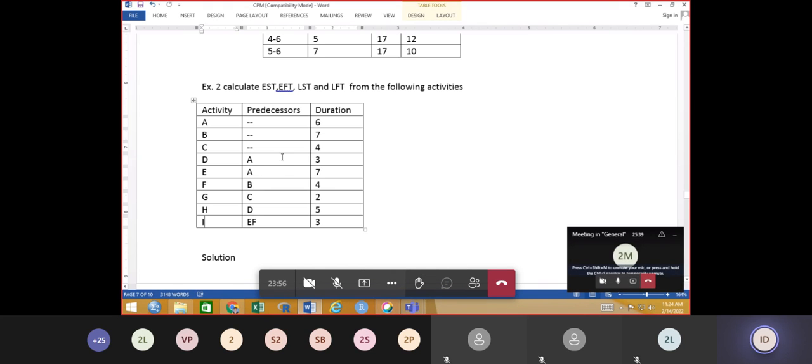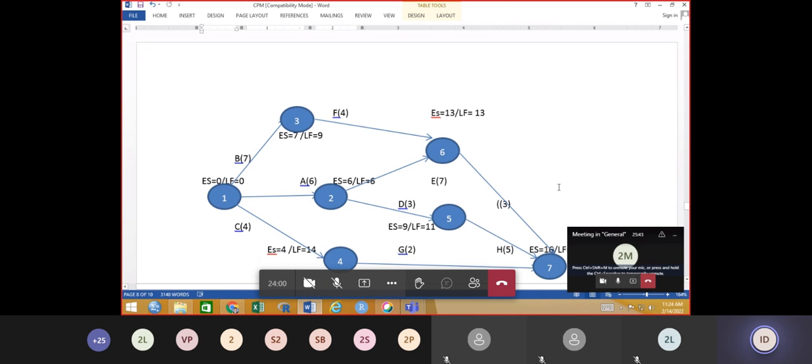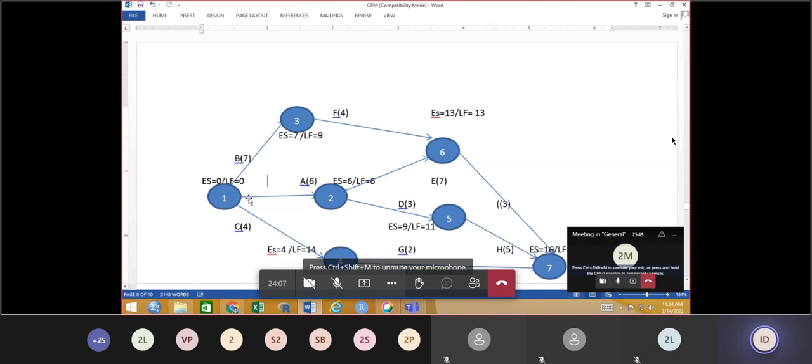See, I will show you here. This is the diagram. This is the A activity, I have named it 1 to 2. This is the B activity, I have named it 1 to 3, and this is the C activity, I have named it 1 to 4. First of all, try to understand the diagram. Don't write down anything. You work it out on your own.